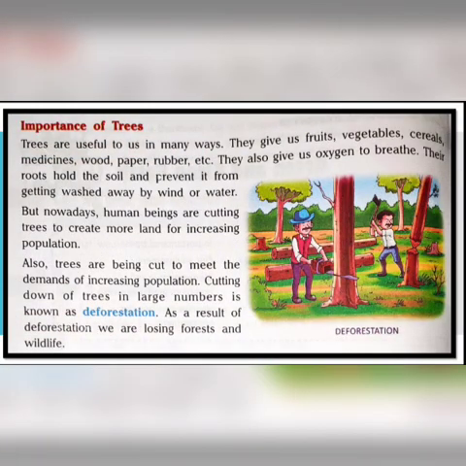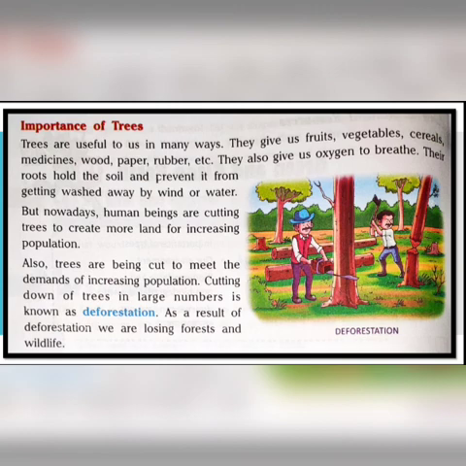Now, we are going to learn about the importance of trees. Trees are useful to us in many ways, because they give us fruits, vegetables, cereals, medicines, wood, paper, rubber, etc. They also give us oxygen to breathe.